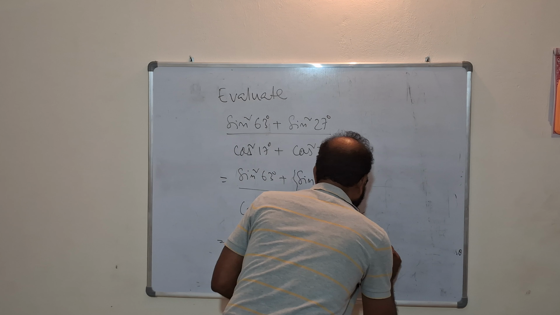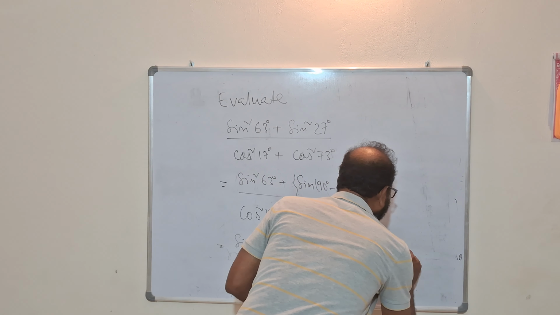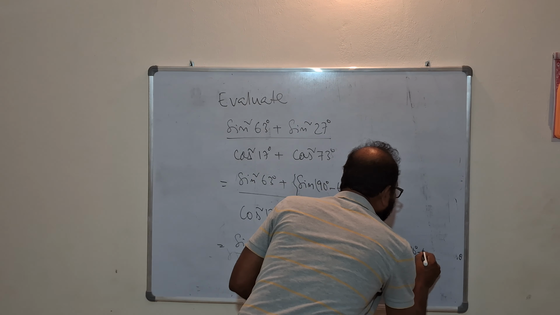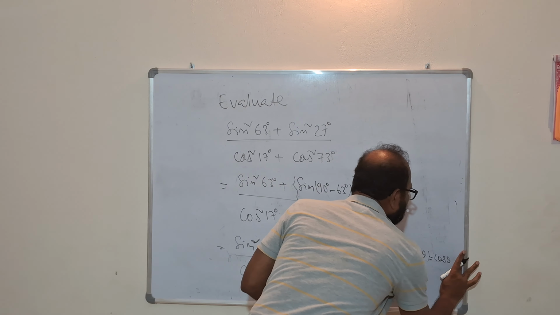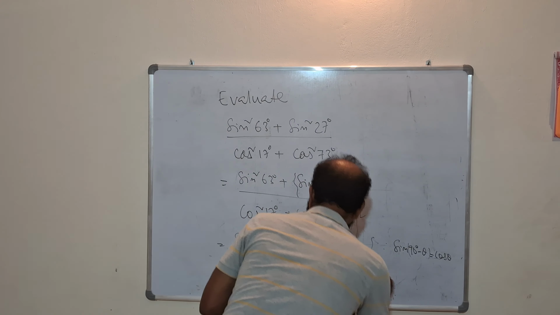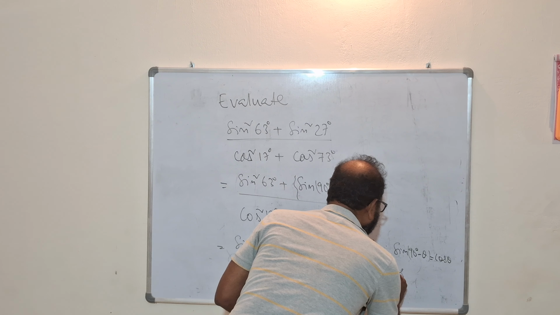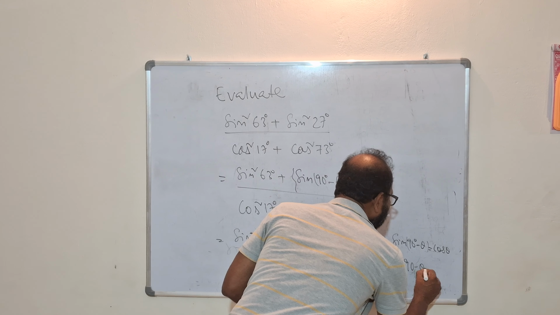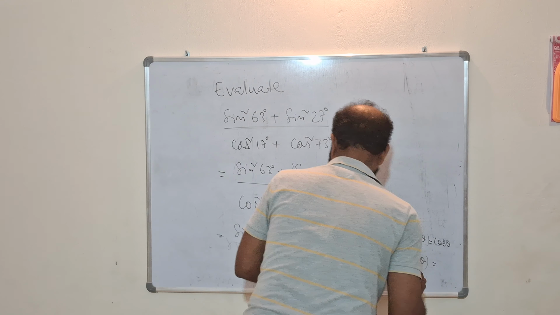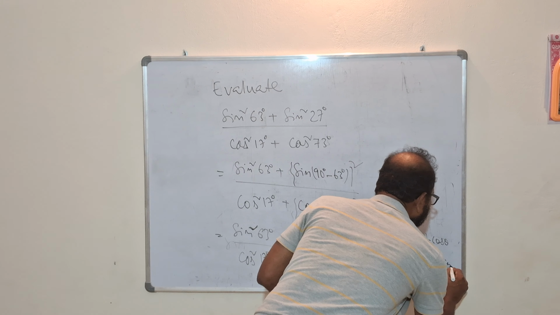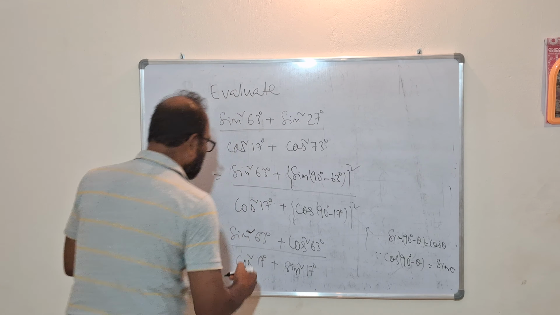Here sin 90 degree minus theta is equal to cos theta, and here cos 90 degree minus theta is equal to sin theta. By using this relation, we have solved this.